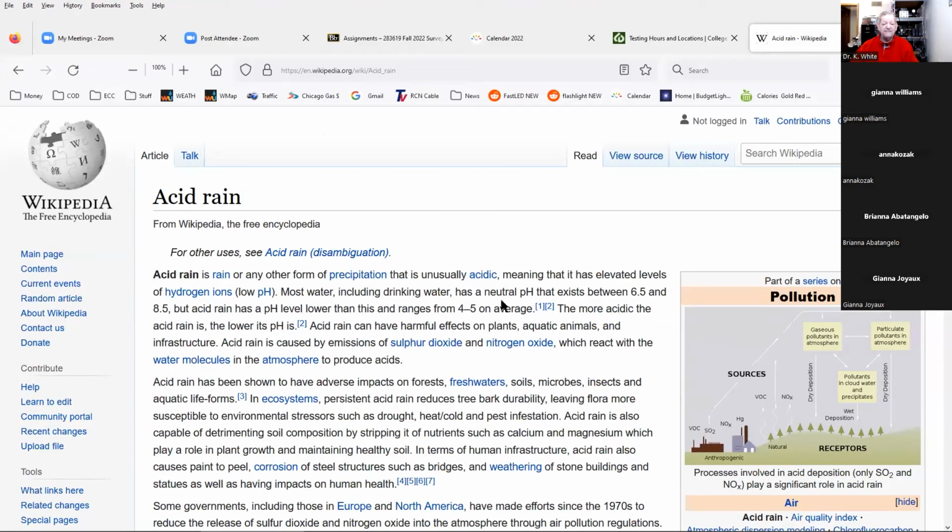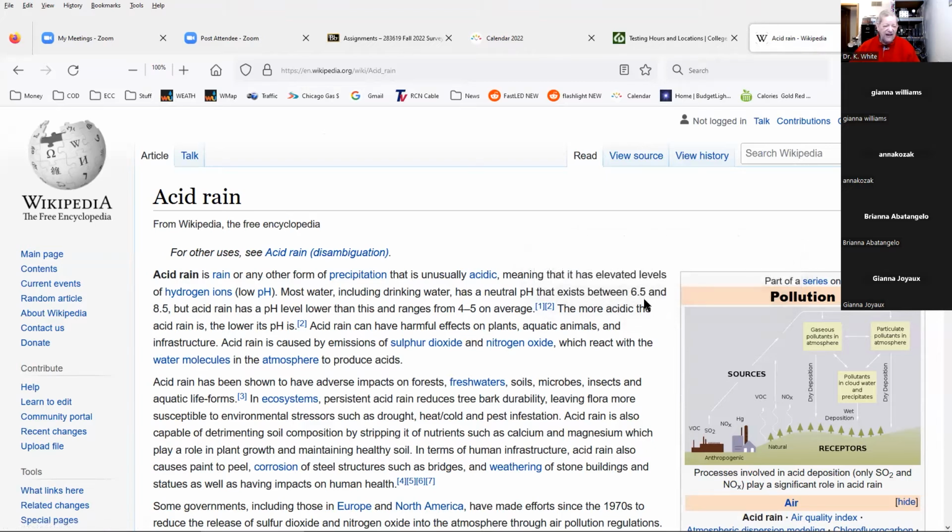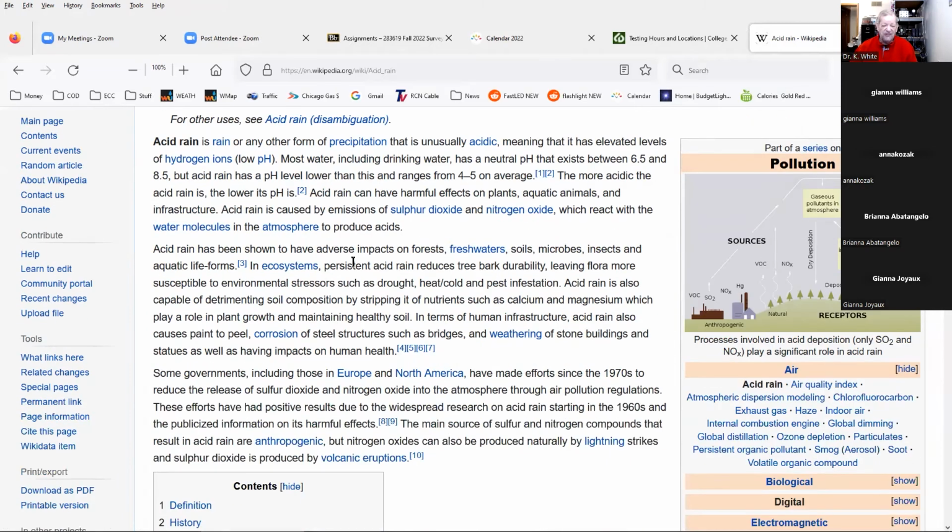Usually rain or drinking water has a pH between 6.5 and 8.5, but acid rain had a pH of about 4 or 5, and it killed fish, aquatic life, and had a very bad effect on our forests, the soil, even insects. Well, what happened?